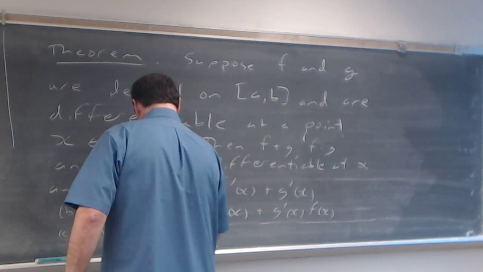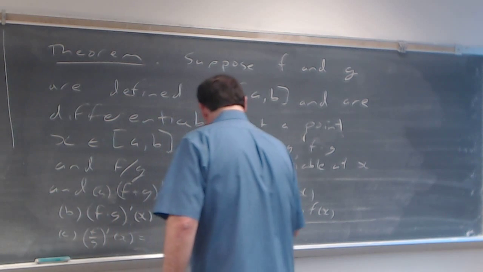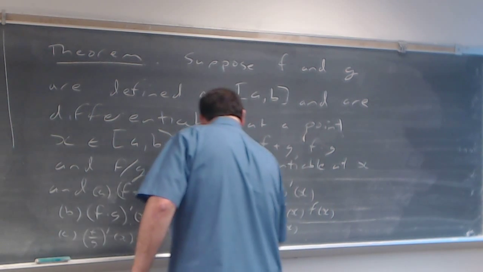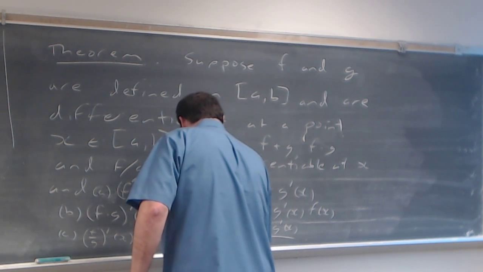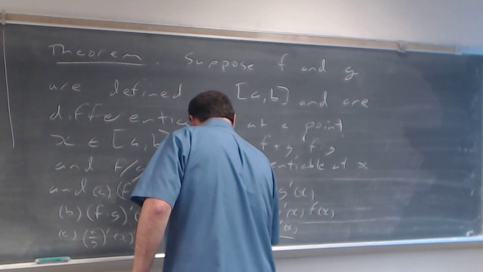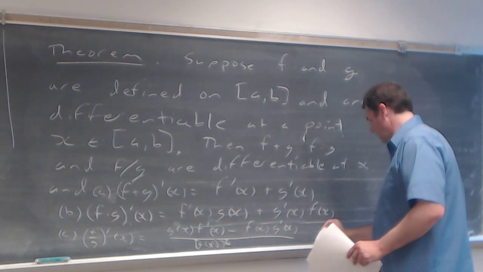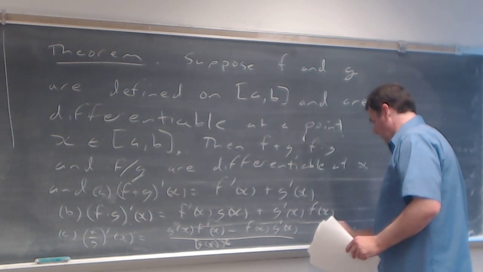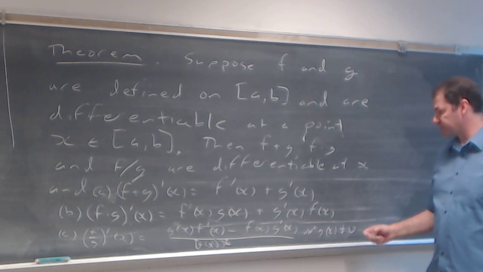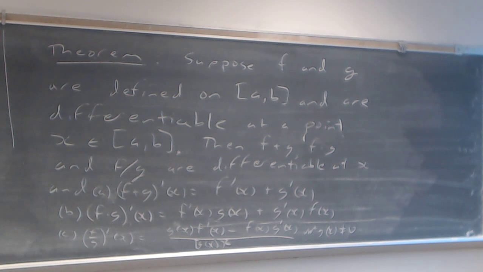That's going to be equal to g of x times f prime of x minus f of x times g prime of x, all over g of x to be squared, and that's provided, of course, g of x is different than 0. This is called the sum rule, this is the product rule, and this is the quotient rule. So we'd like to prove these three.